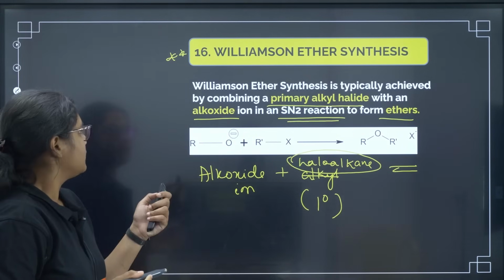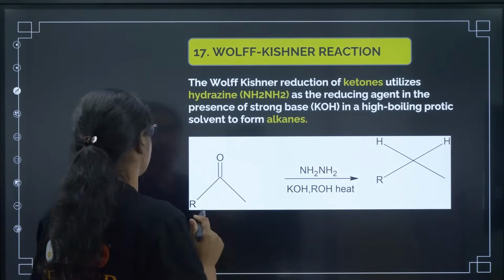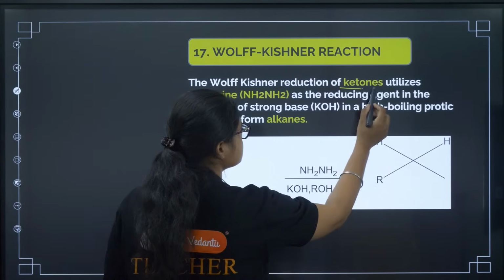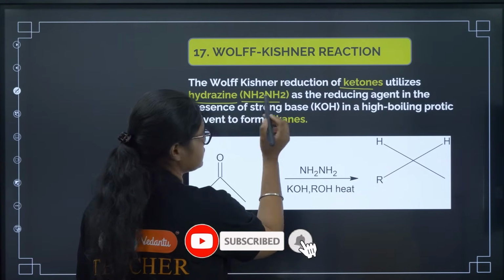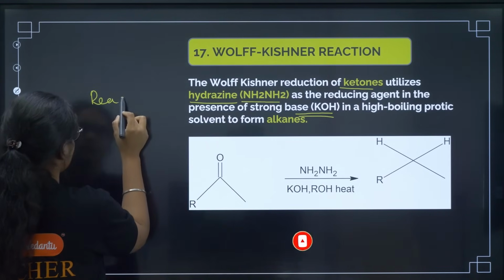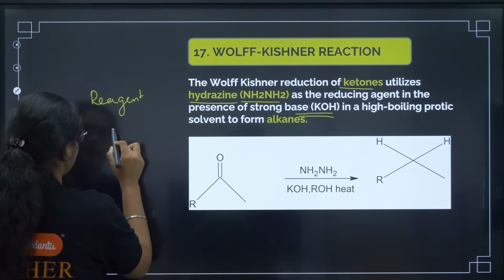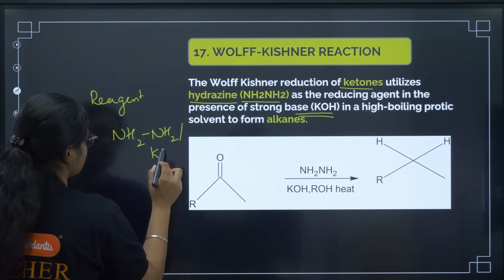Now next, Wolff-Kishner reduction, very important for aldehydes and ketones. Ketones or aldehydes get reduced in presence of hydrazine, NH2NH2, in basic medium. So the reagent is NH2NH2 in presence of KOH.